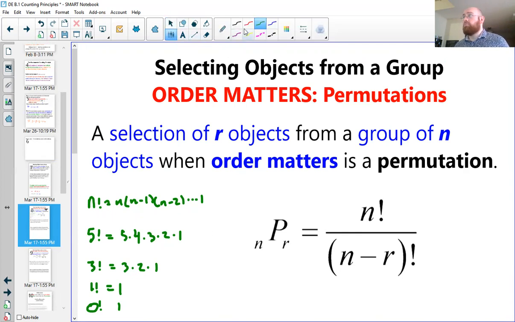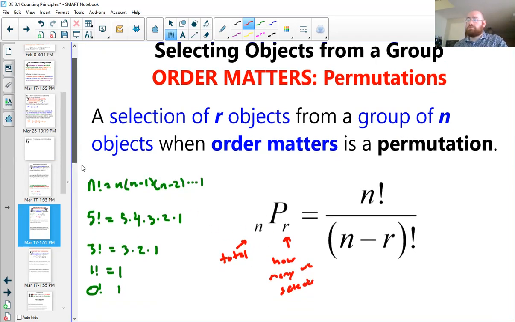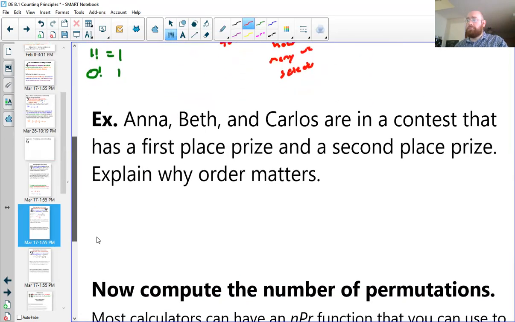And what I like to remind myself is that N is the total. R is how many we select out of this group. So some examples.